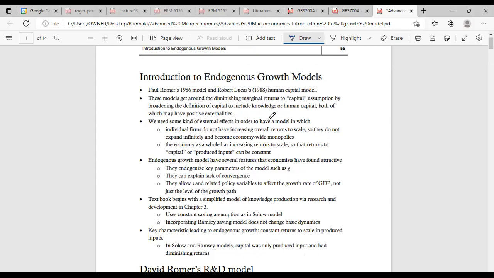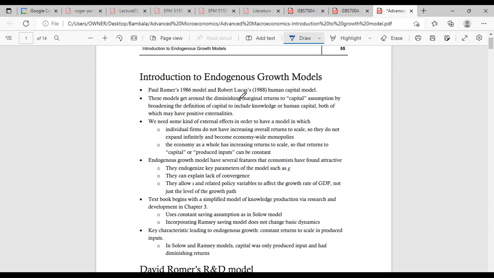We have got two guys, Paul Romer and Robert Lucas. These are very influential in most of the subjects that we'll be handling in macroeconomics. They proposed a model which basically handled the functioning of the economy as a whole.